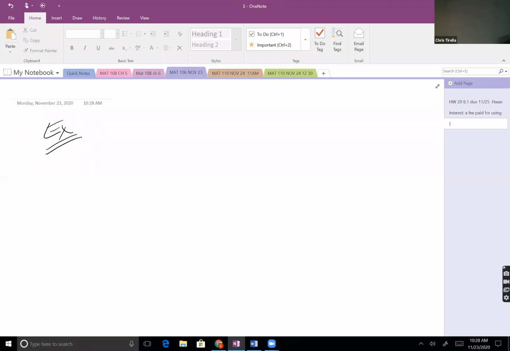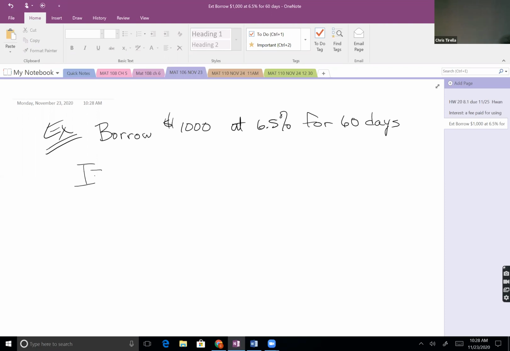Another example, let's say we borrow $1,000 at 6.5% simple interest for 60 days. We're going to use our I equals PRT.